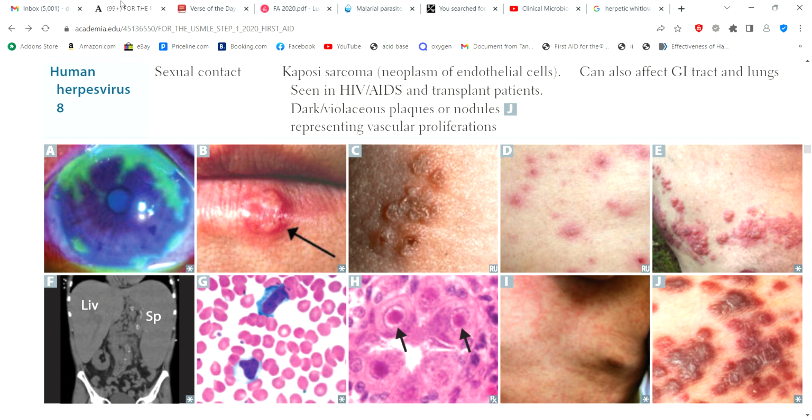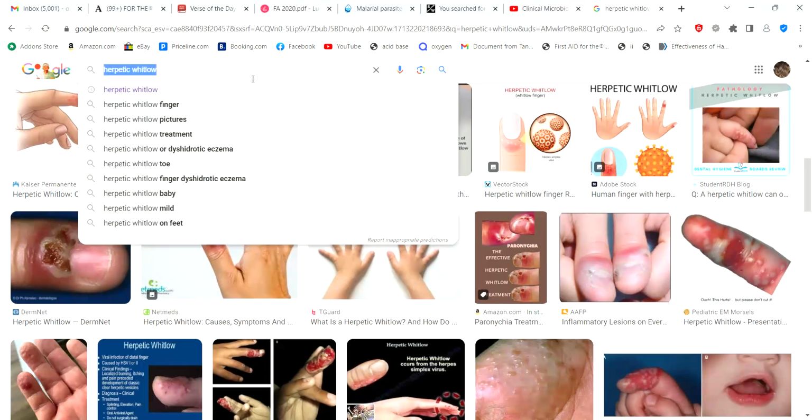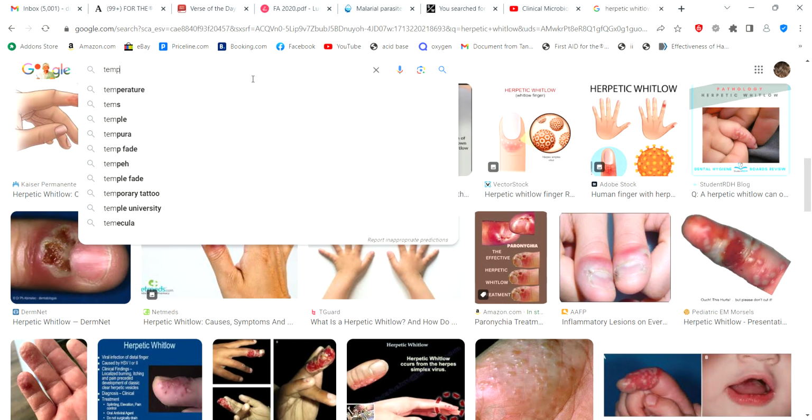HSV1 can also cause temporal lobe encephalitis. You have to remember that temporal lobe encephalitis is very important.